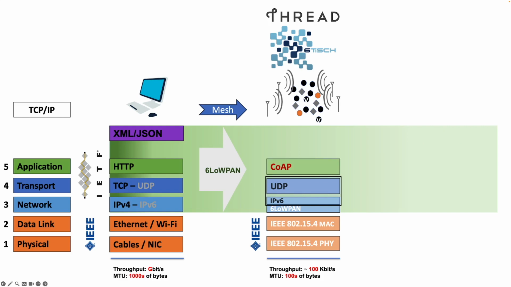On top of UDP, the core working group at the IETF has defined the efficient Constrained Application Protocol, or CoAP, which is compatible with HTTP and is a web transfer protocol with low header overhead specifically designed for constrained nodes and networks. The interaction model of CoAP is similar to the client-server model of HTTP.